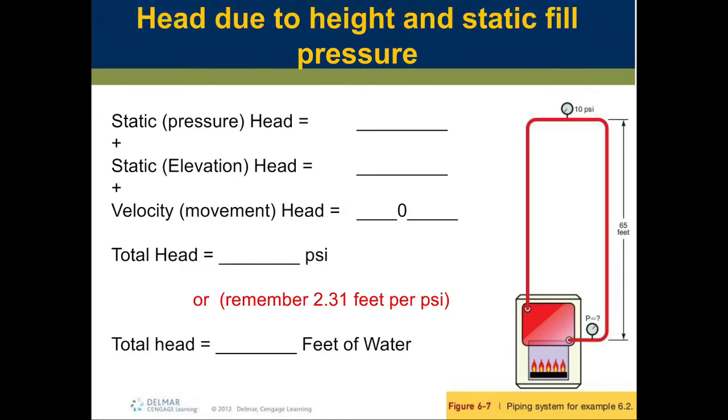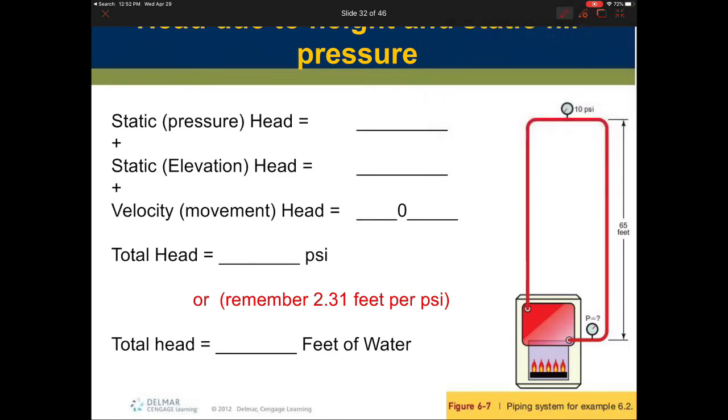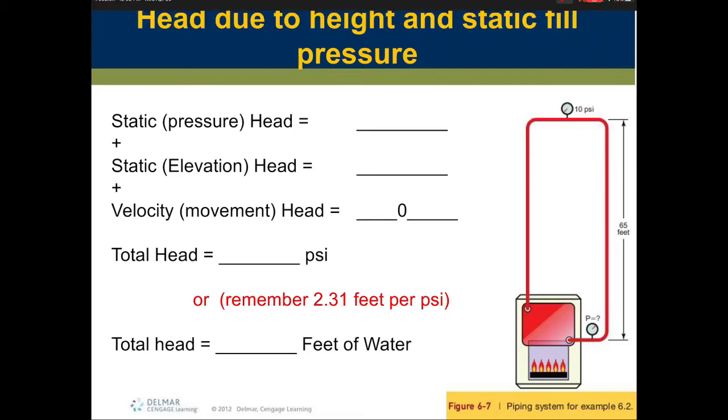Now in the picture that I'm showing you here, my static head in this system should be 10. My elevation head is really the 65 feet. So I'm going to show you how to figure that out.